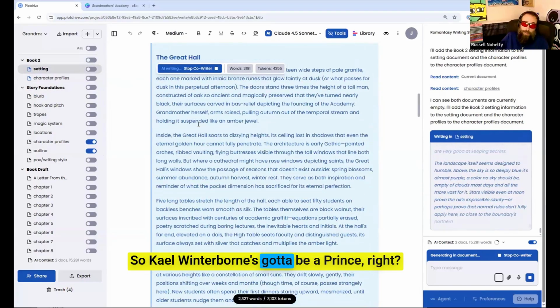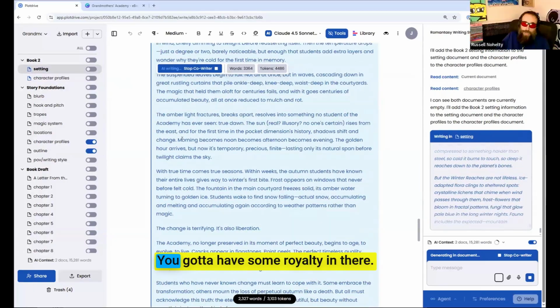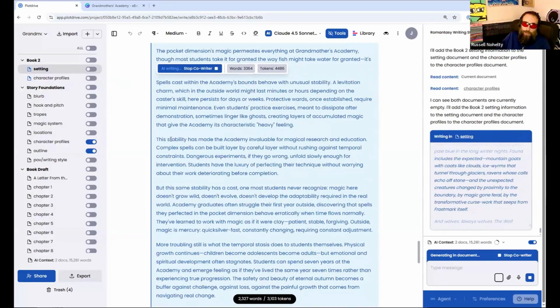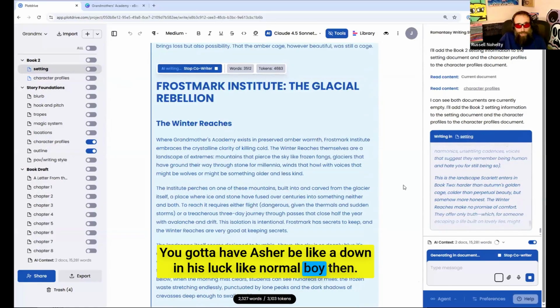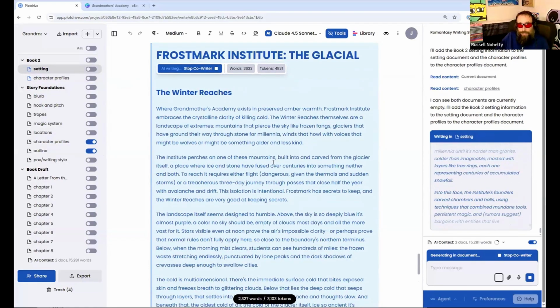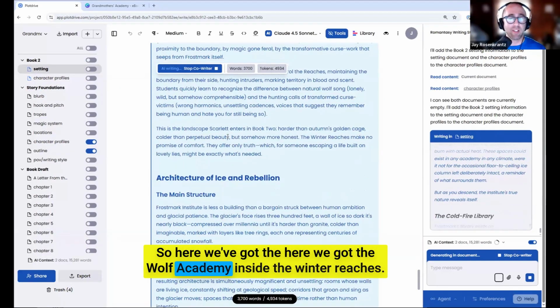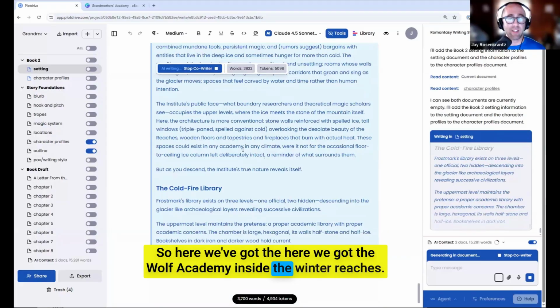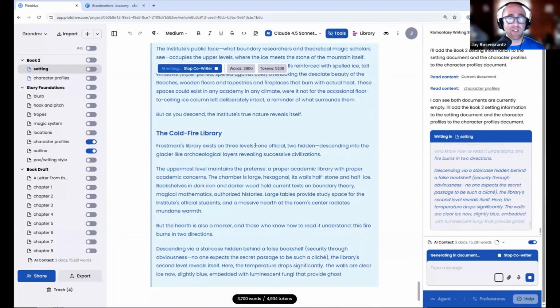Cale Winterborn's got to be a prince, right? Prince of the Winter Realm, prince of something. You've got to have some royalty in there. You've got to have Asher be a down-on-his-luck, normal boy. So here we've got the Wolf Academy inside the Winter Reaches. Awesome.